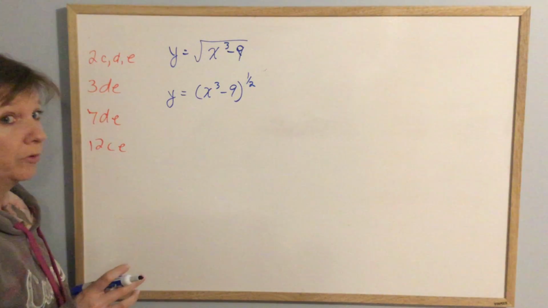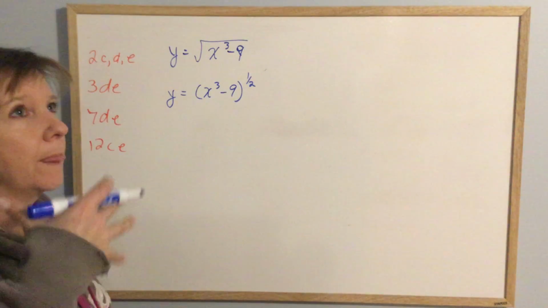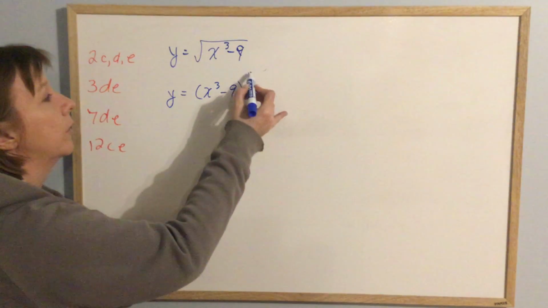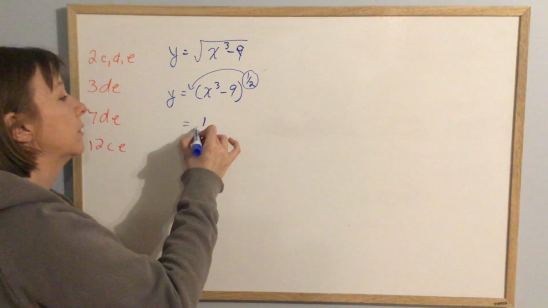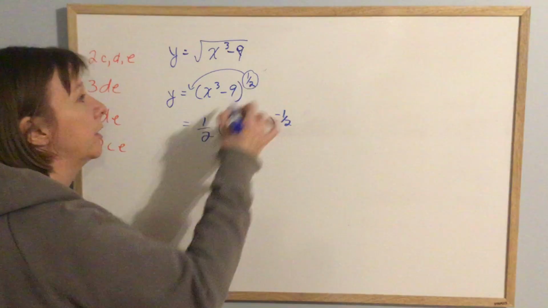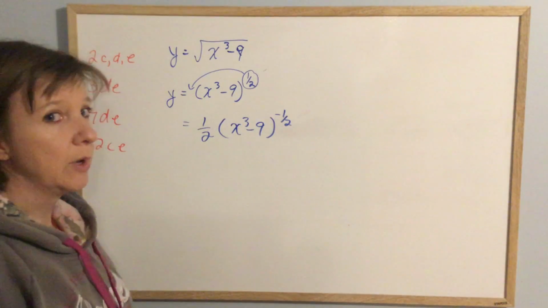So the chain rule says, do the derivative of the quote-unquote outside first. So the thing that's on the edge, this exponent, move it down in front and decrease your exponent by 1. Leave the inside alone. Don't do anything to it.